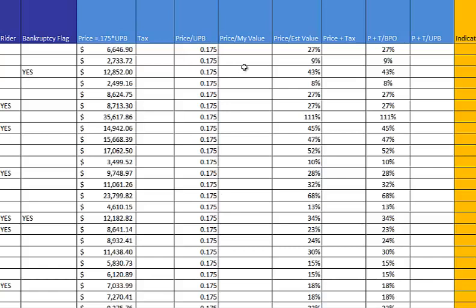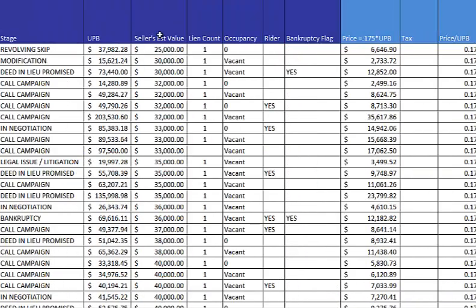Now I've included a column for my price because I need to include that. This may be the same or different than they've provided me. Then I want to have a column that takes the price divided by the estimated value. And what I mean by that is that I've taken the price that the seller is charging and I've divided that by the estimated value that the seller has provided us, and that was back here, seller's estimated value.